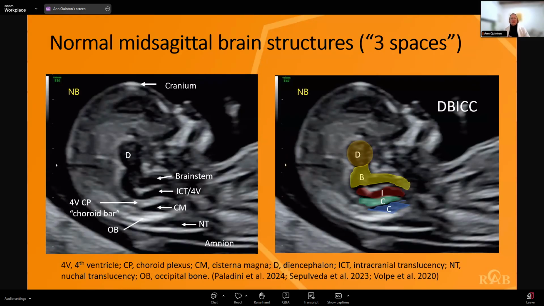And this is what a normal sagittal brain structure looks like. The literature talks about looking for 3 spaces. Now, I don't know about you, but I think there's an awful lot going on around here. There's a lot of structures that you have to remember, that you have to see.